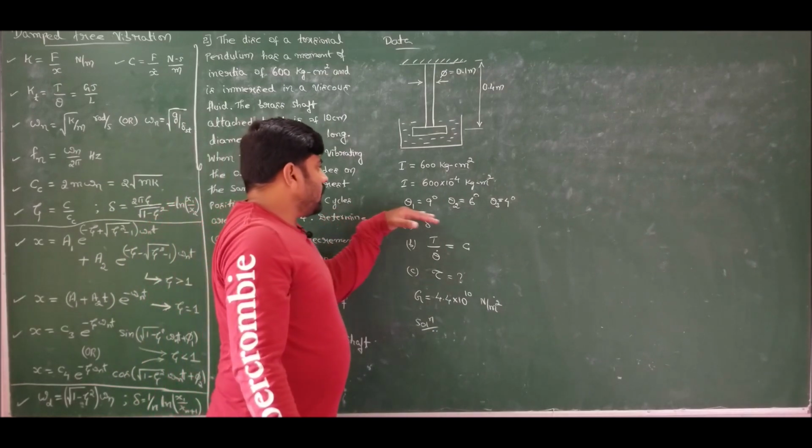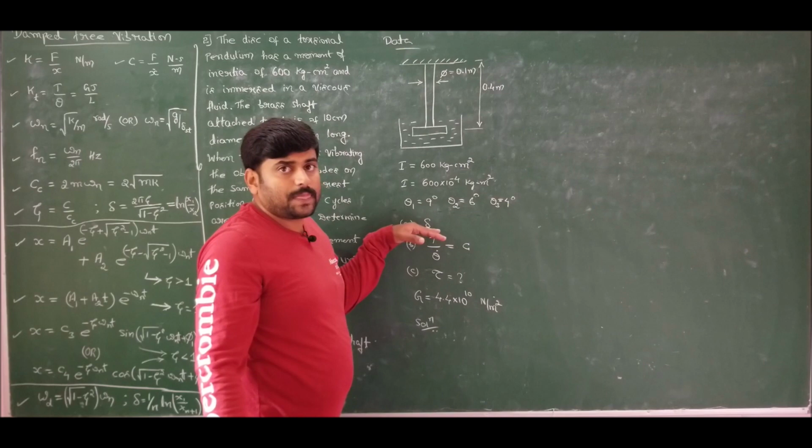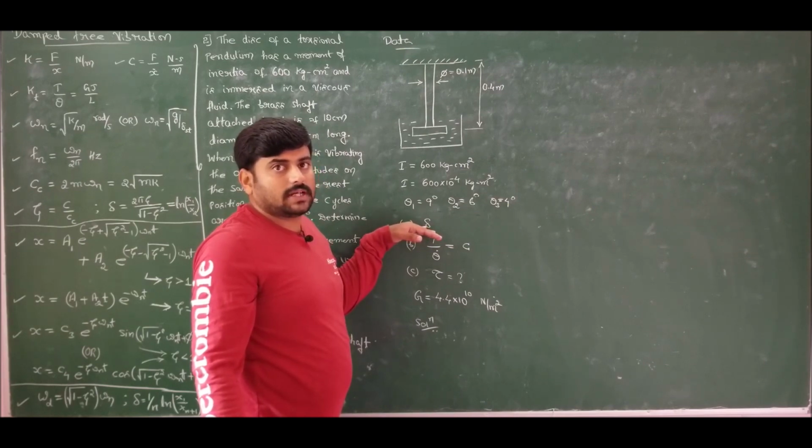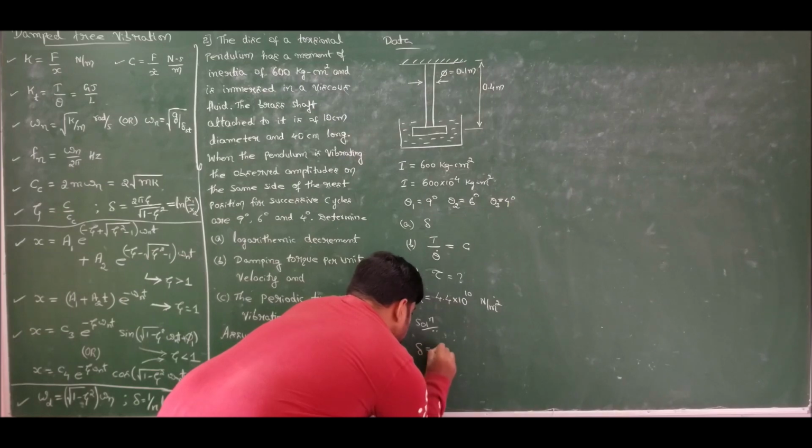Since we know the values of successive amplitudes, I can use the definition of logarithmic decrement to find the logarithmic decrement. From the definition, delta is equal to ln of theta 1 by theta 2.